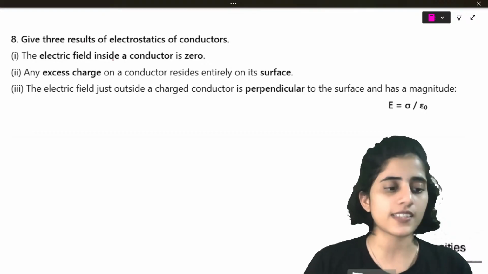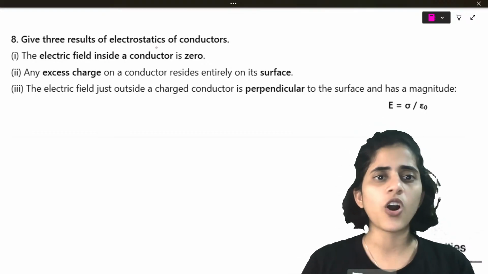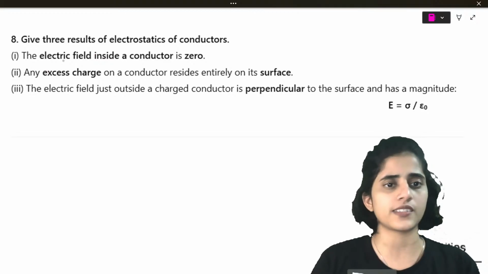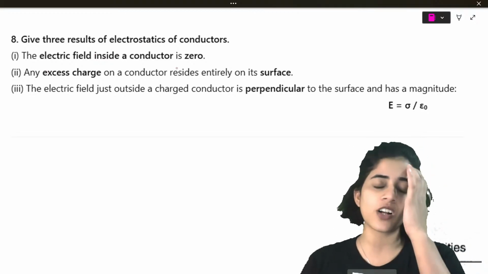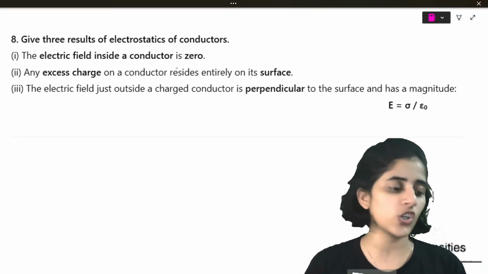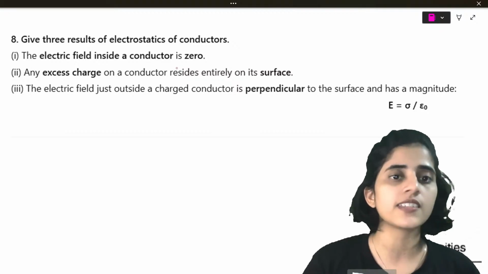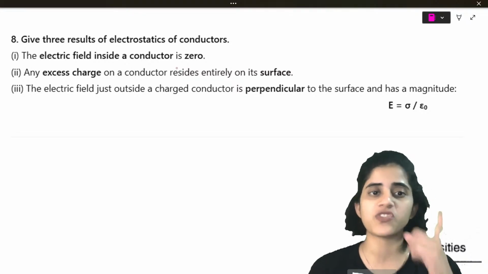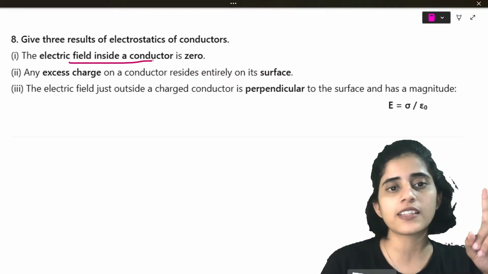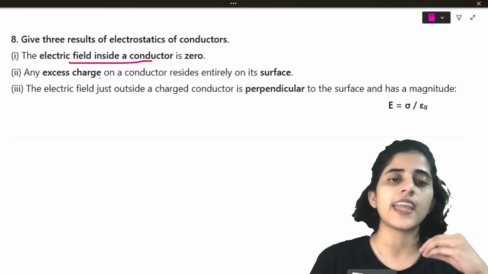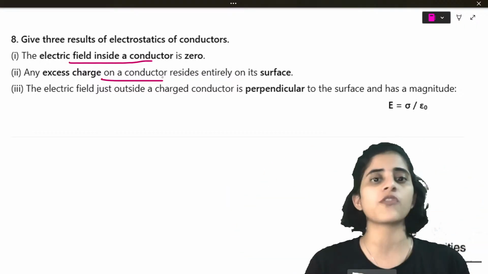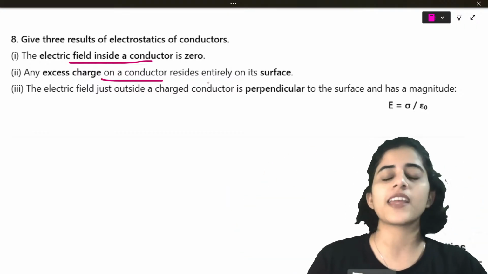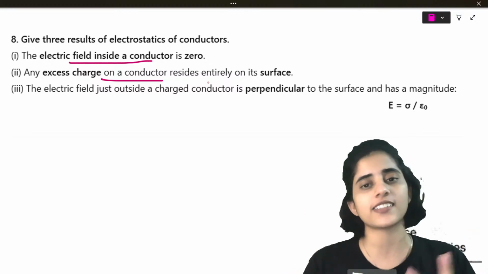Okay. Give 3 results of electrostatics of conductors. This also I have taught you in my last video. So in electrostatics, you have to tell me 3 things that you see in a conductor. First thing, the electric field inside a conductor is 0. Any excess charge on a conductor resides on its surface.